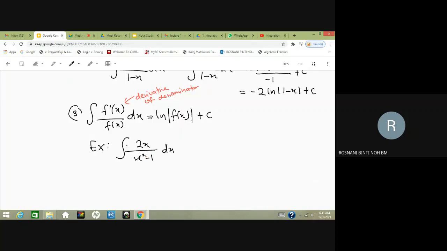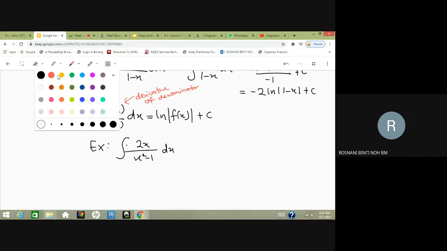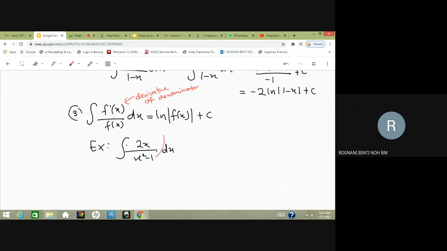Before you do anything, once you see a fraction integration, you just compare your question with this formula. So now this is your denominator, x squared minus 1. If you differentiate your denominator, the answer is 2x, and here, yes, we have the 2x.